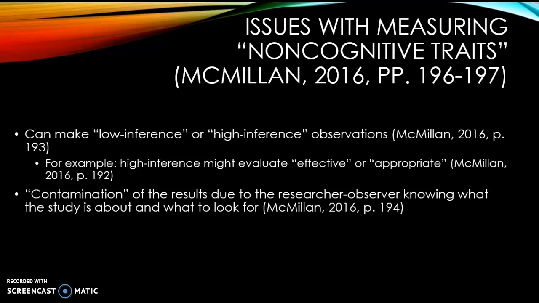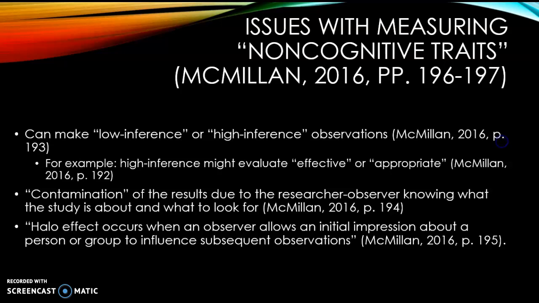There's this concept of contamination where you're making these observations, and because you already know what your study is about and what you're trying to look for, you might contaminate the results of the study. And then there's this thing called a halo effect, which basically means that you get this initial impression of what it is you're observing or who it is you're observing, and then it colors your perspective of what's happening.